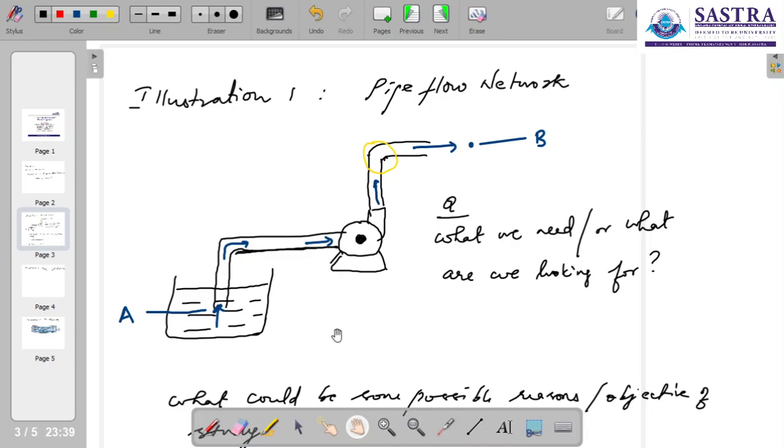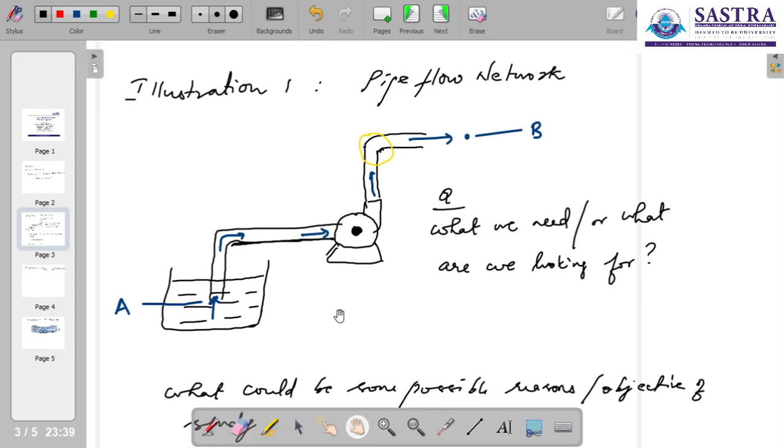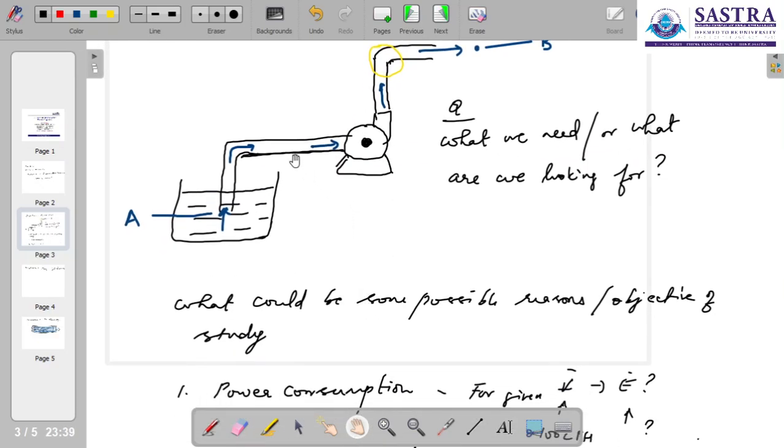And so too in industry, the piping system might be running for at least a few hundred kilometers if you think of a large processing system or a petrochemical or a refinery plant. So you might have lots of such bends.